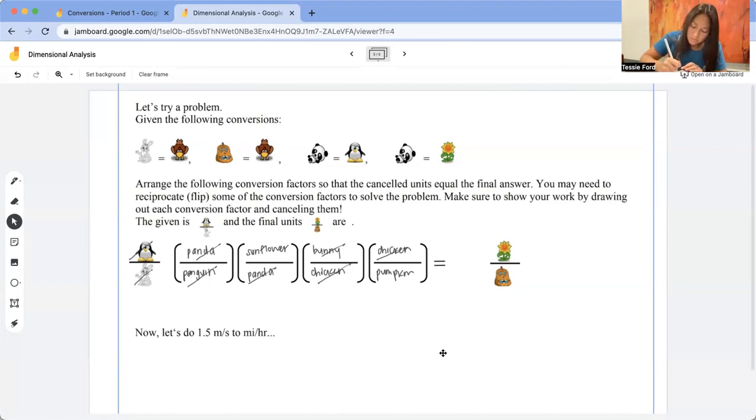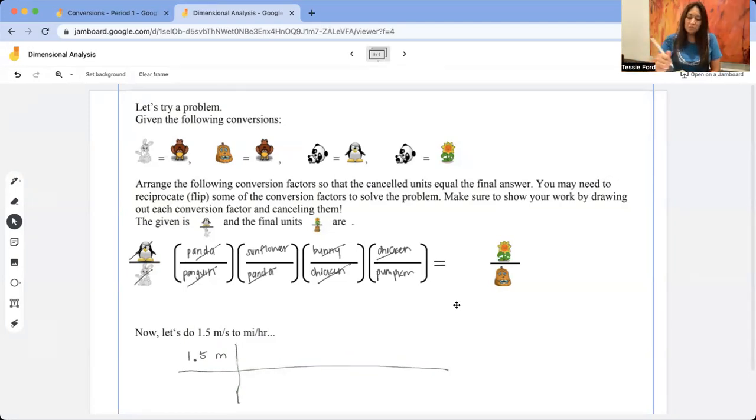So 1.5 meters, and you can do the per second, but you're going to get confused. So again, since it's per second, you want it on the bottom, kind of like how we did with the example. So picket fence, and I like to make it long because there's probably going to be a lot of steps.